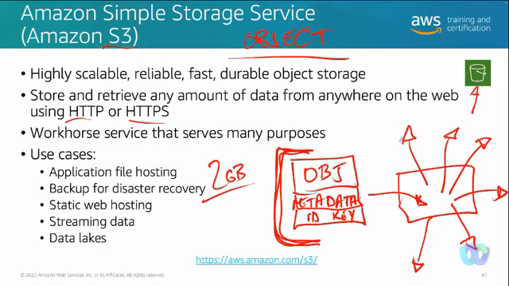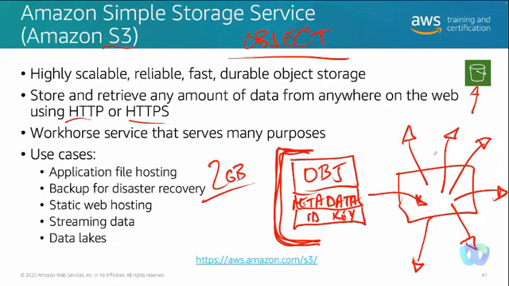Could be even web pages, actually. You could host an entire static website on S3 without having a web server of some sort. You simply enable the function on S3 and boom, there you go. You just published a website. Pretty cool. You just point to the main page and you're done. Very, very cool.